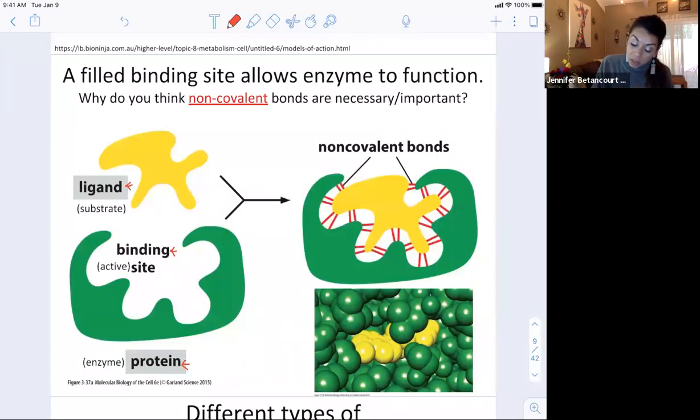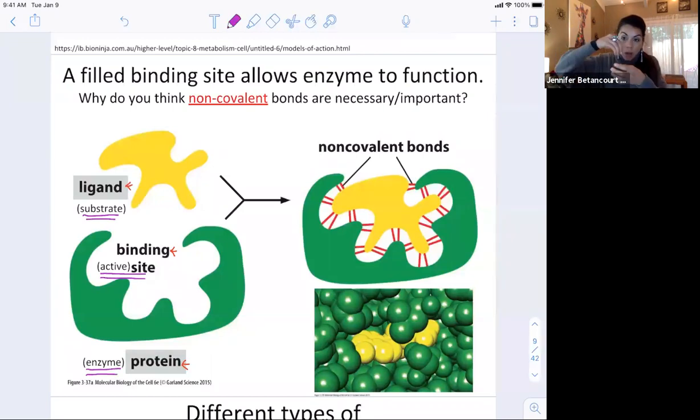But specifically, enzymes are a type of protein. So the binding site of an enzyme, we specifically call the active site. The binding partner of an enzyme, we specifically call a substrate. So go back to thinking about the protein channel in the lipid membrane.